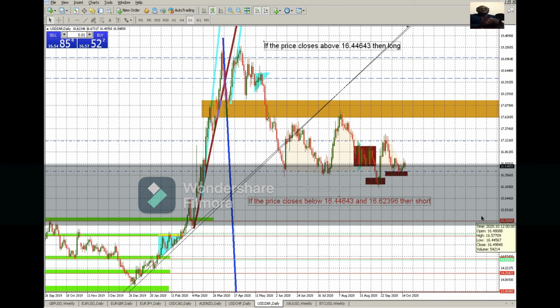So to back our thesis, firstly, our bearish movement is backed by structure on our monthly time frame.